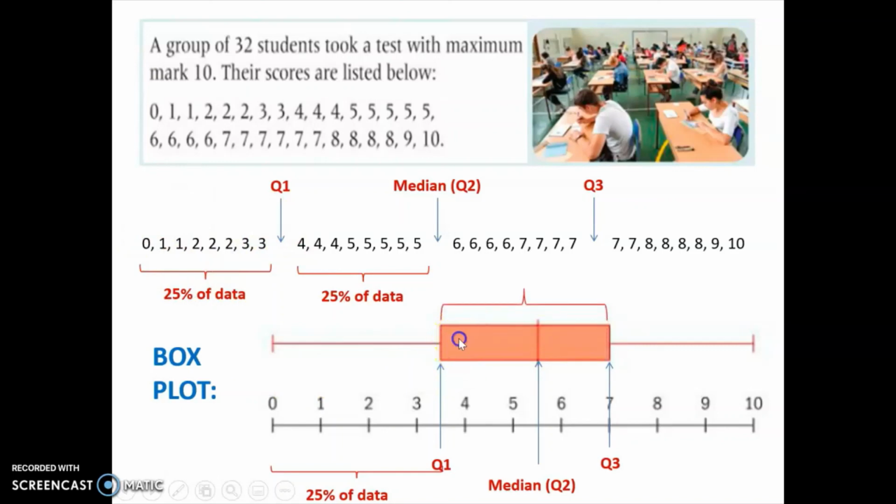This would be 50% of our data, because between Q1 and Q3 it's 2 quartiles. So half of our results for this data set lie between 3.5 and 7. And finally, this would be the upper 25%. So it's important to understand the relationships between the data and the box plot and what it represents.